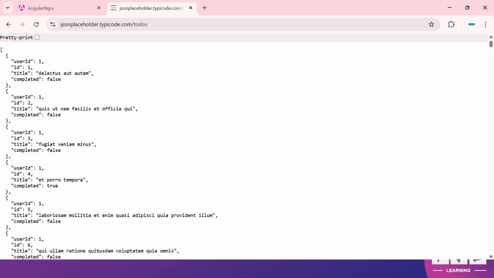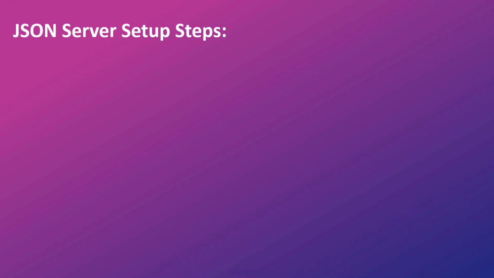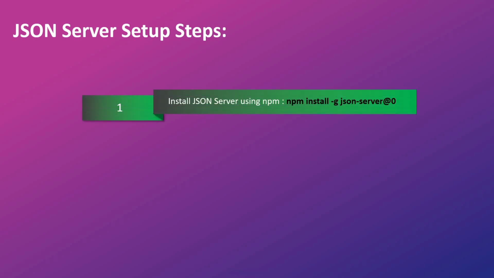Okay. So first, let's understand what steps are required in order to set up the JSON server. This process involves three steps. First step is we will install JSON server using the command npm install -g json-server@0. This @0 flag ensures that we install the stable version, which automatically generates IDs in integer format when adding new data to the database.